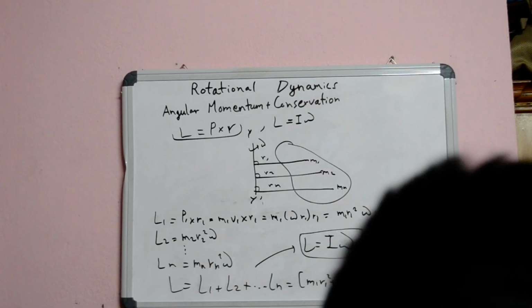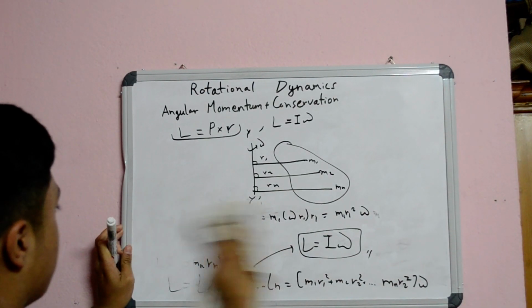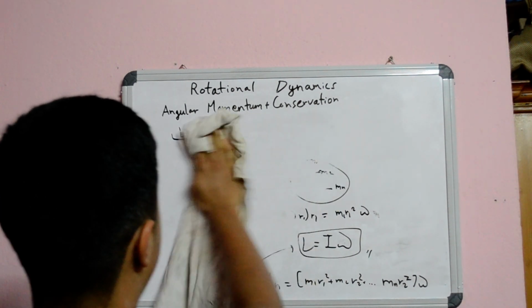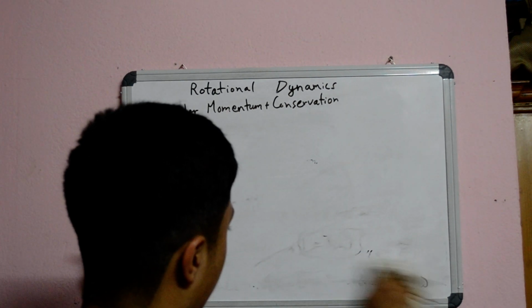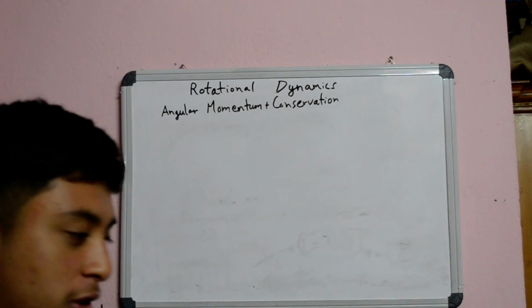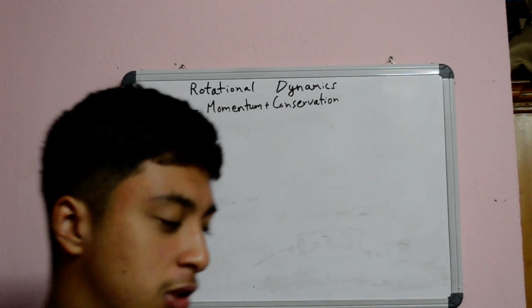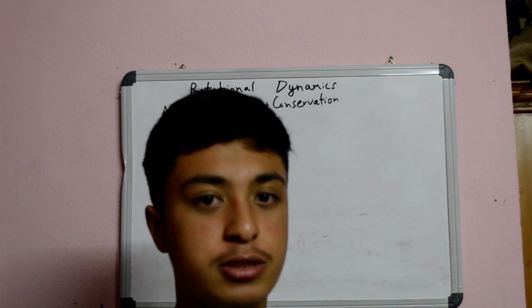So now time for the conservation part, the statement of conservation of angular momentum. If you remember, the conservation of linear momentum says that if no external force is applied on a system, the total linear momentum of the system remains conserved, constant.